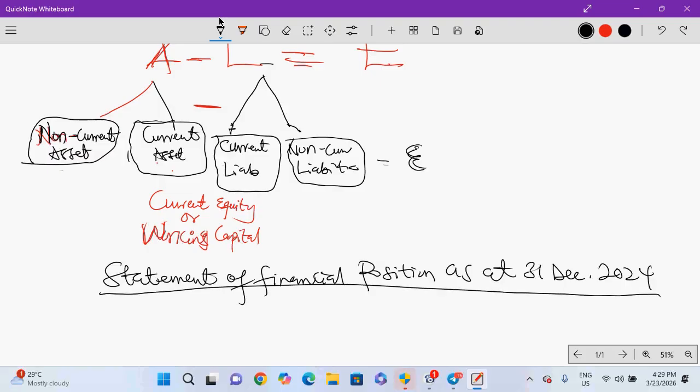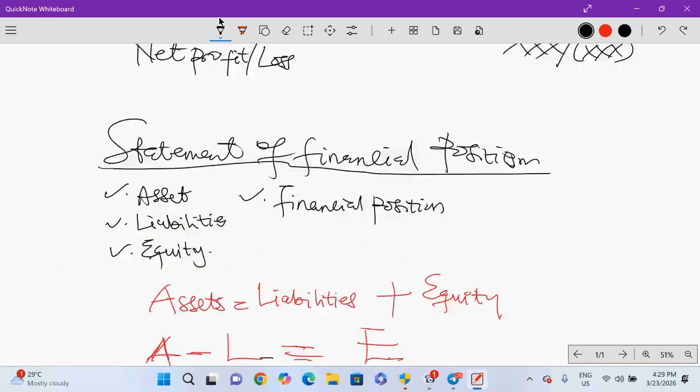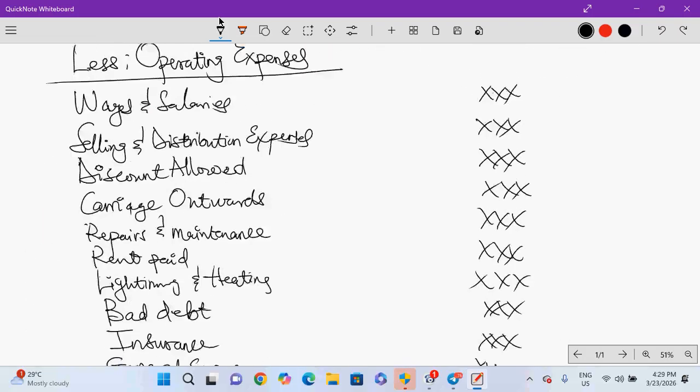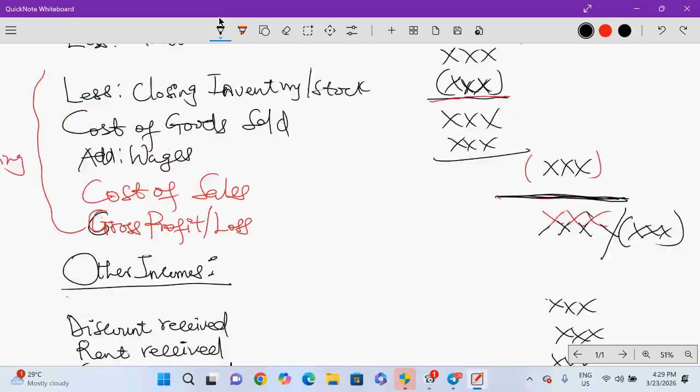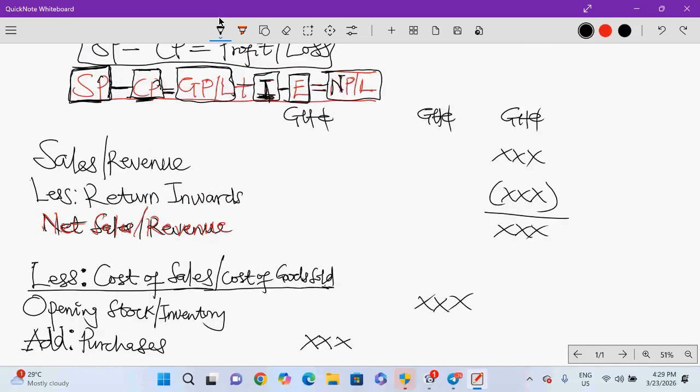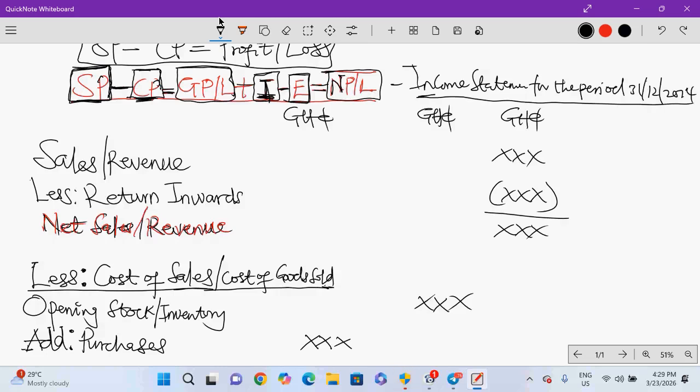So here it is "as at", but the income statement is for the period. Income statement for the period, maybe for the period 31st December 2024, right? So this one is for the period, but this one is as at.